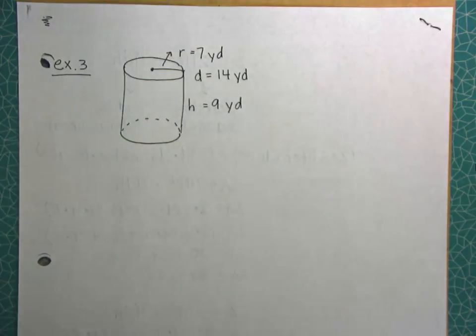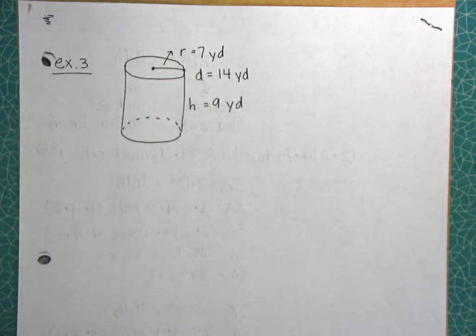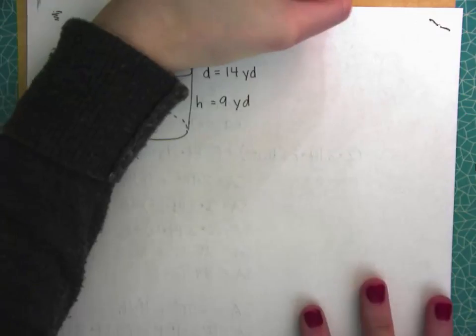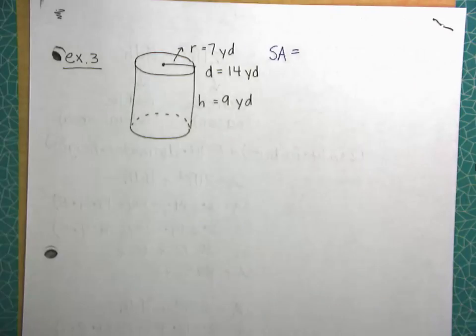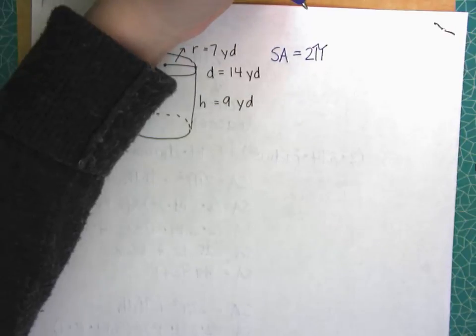All right. Step 1. Write the formula. Who wants to give it a shot this time? Preston?